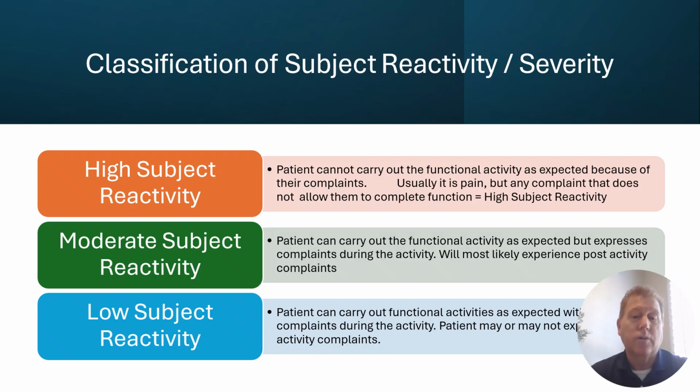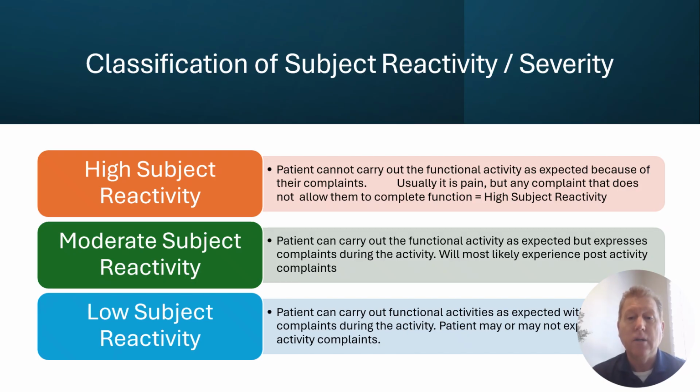For instance, with a high subject reactivity or severity, the patient may say, I am unable to do this activity because of this discomfort, this pain that I have. Now, understanding that subject reactivity and subject severity are interchangeable words, you may hear me use both of them. But the severity of their injury from a functional standpoint, if it's high, means that they are unable to perform it.